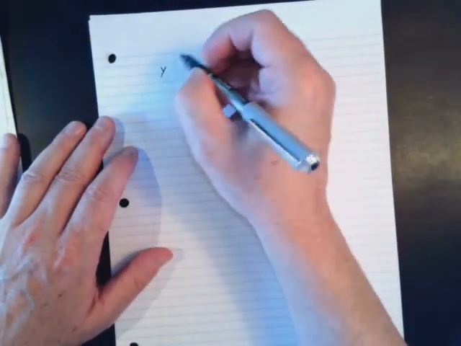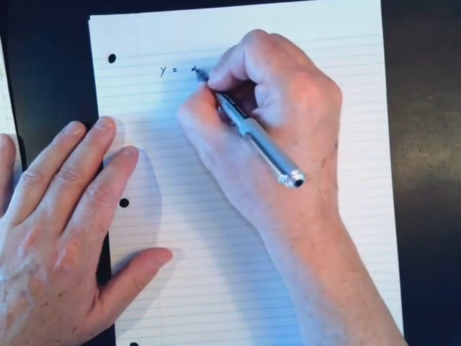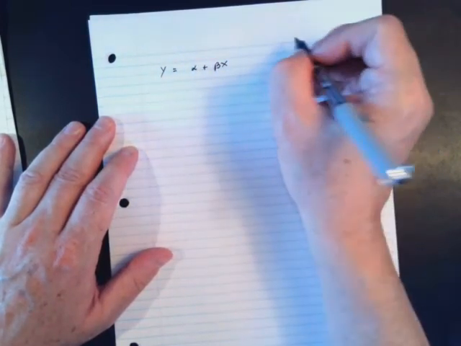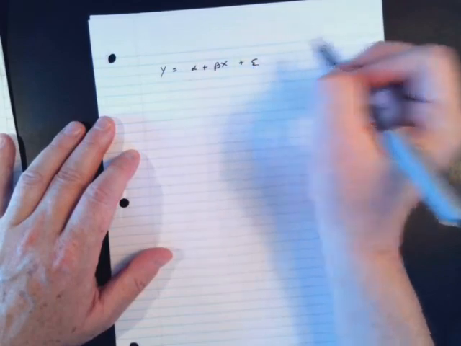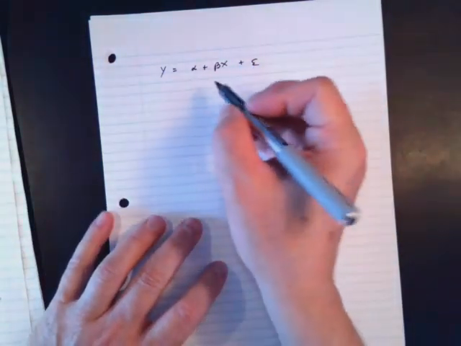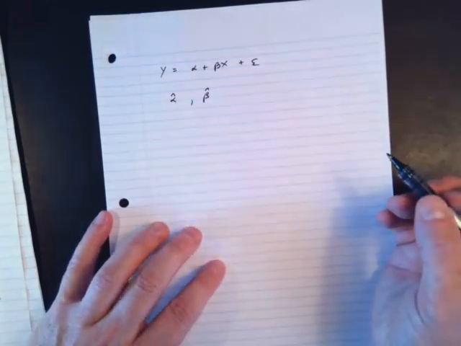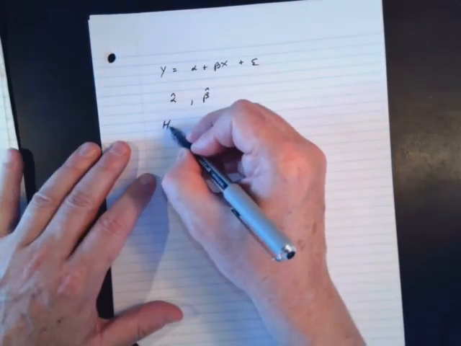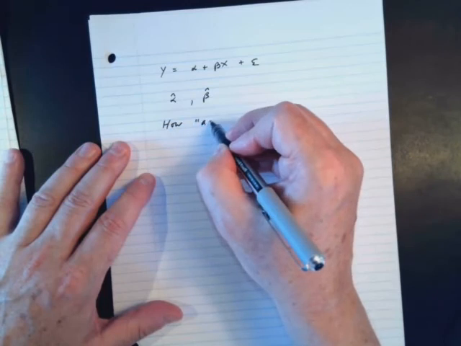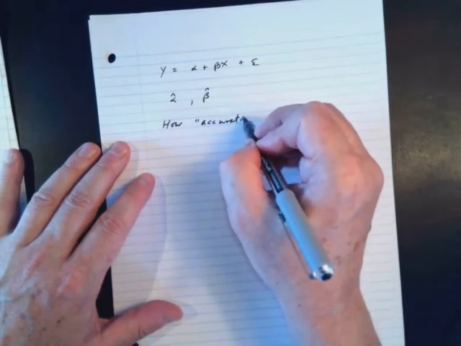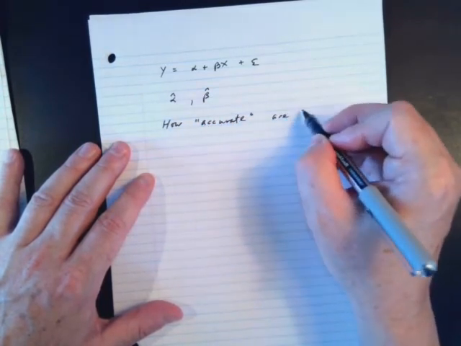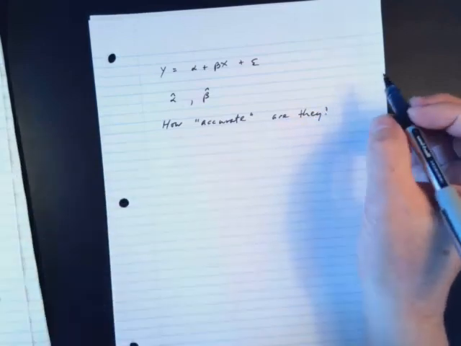Okay, so we now have a regression model, alpha plus beta X plus our residuals. We've estimated alpha hat and beta hat, and now we want to ask how accurate they are.